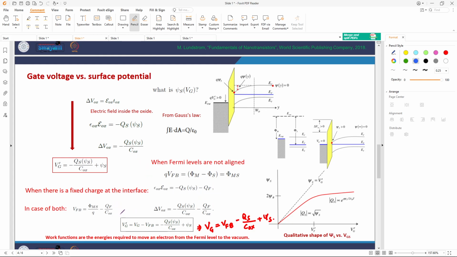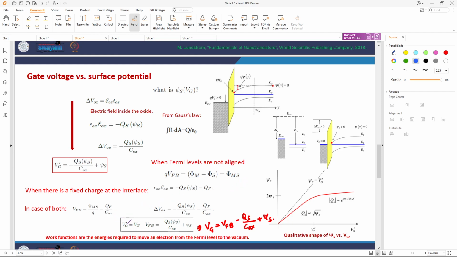And because of a capacitor being attached here, that will cause an additional potential drop. So when we apply a gate voltage on the gate electrode, the oxide layer, there will be a potential drop across the oxide layer, and then the surface potential will show up after getting deducted by the oxide layer.